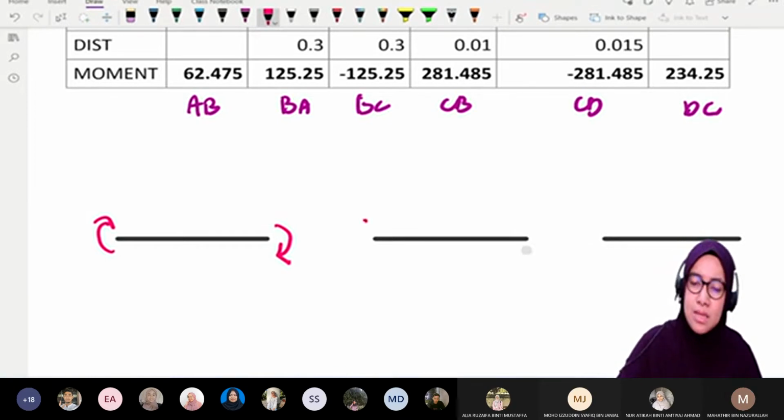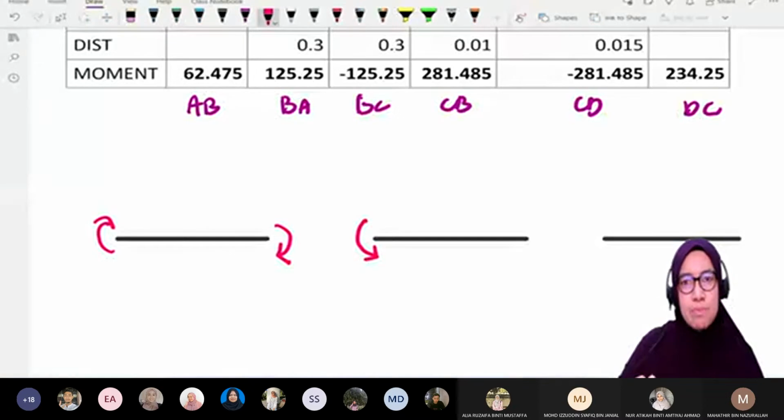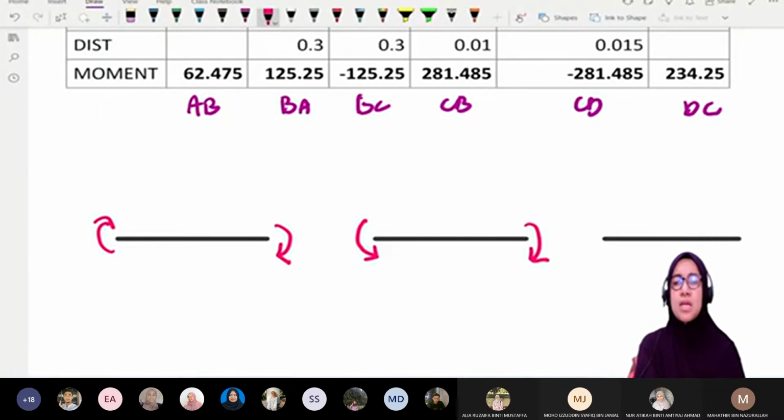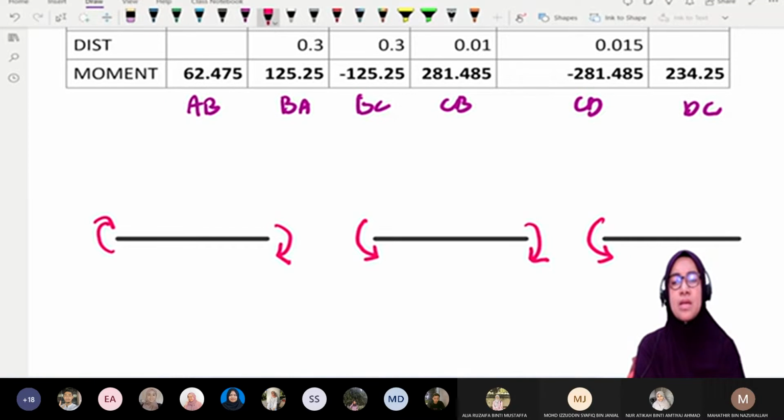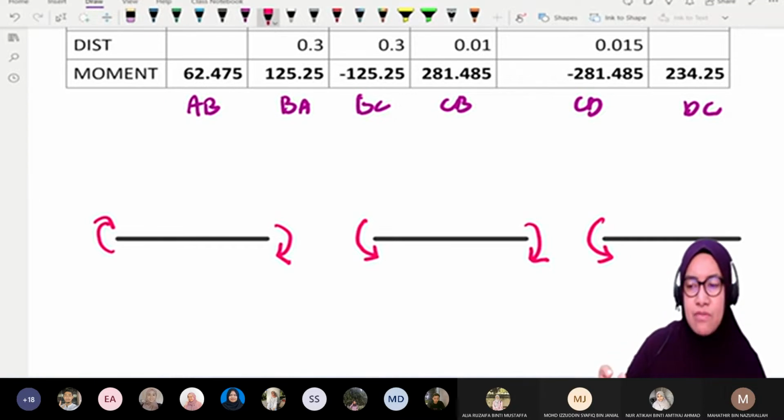So it is negative counterclockwise. Okay, CB is positive, so we draw positive. Okay, CD is negative, we draw negative counterclockwise. DC is positive, so we draw clockwise. Faham ke tak faham?